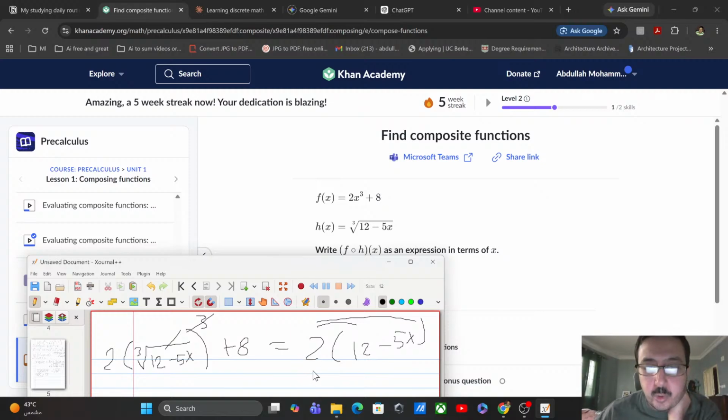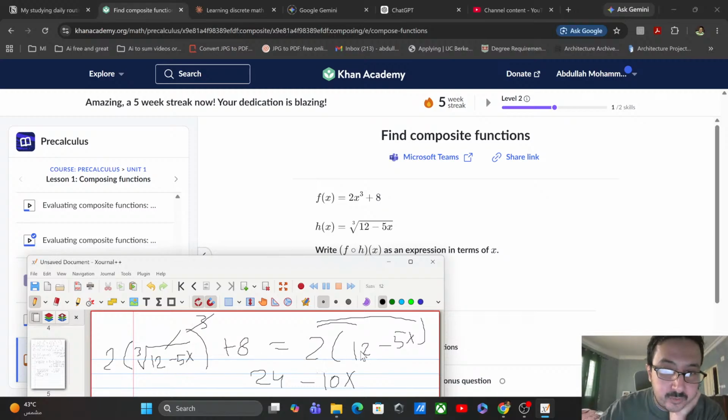The product of 2 and 12 is 24, and the product of 2 and minus 5x is minus 10x. Clear? And I got plus 8 here. Don't forget. Oh my god, I almost forgot.